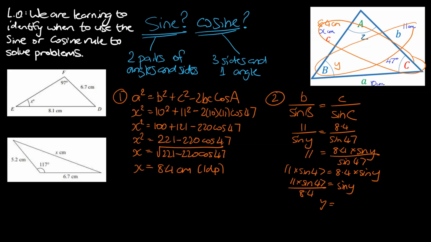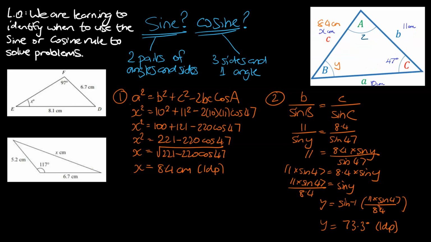So y is going to be equal to inverse sine of 11 times sine 47 divided by 8.4. And when you put that all into your graphics calculator, hopefully you get 73.3 degrees. And again, I've rounded that to 1 decimal point. That means we've now figured out angle y.